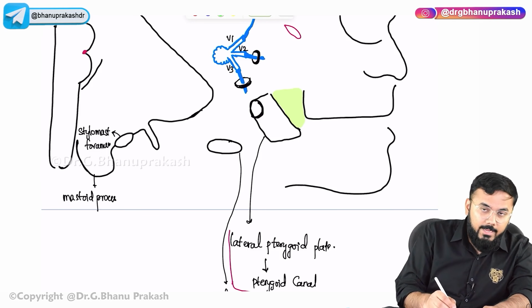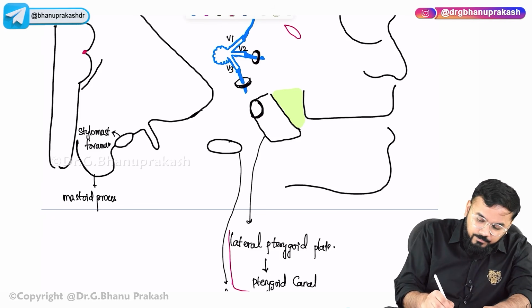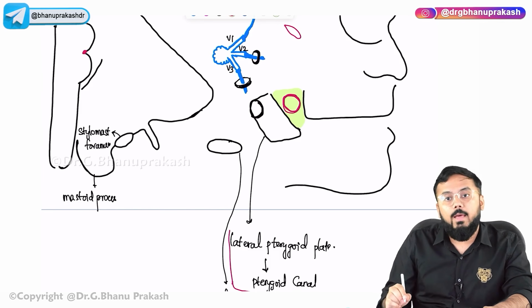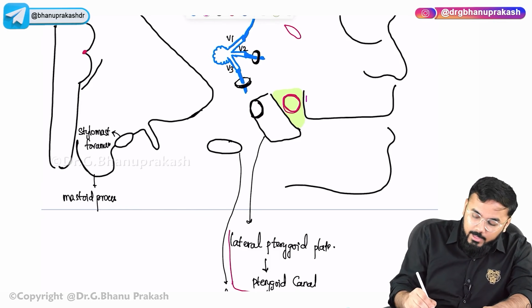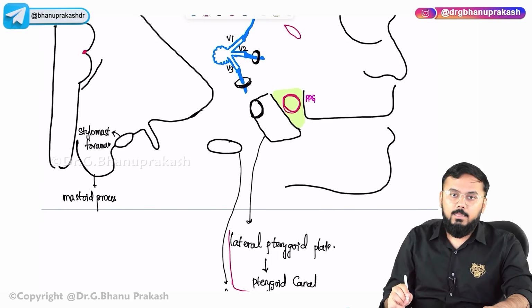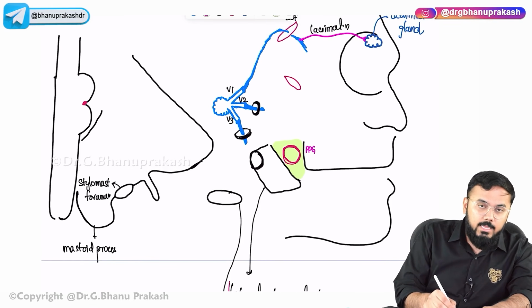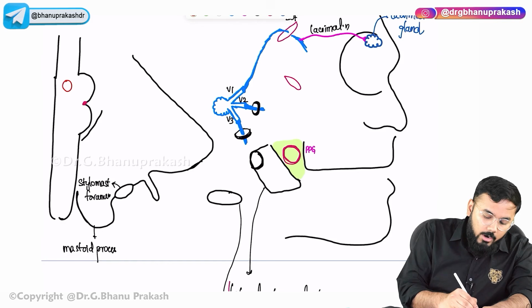Within this pterygopalatine fossa, you have a ganglion like this. This ganglion is called the pterygopalatine ganglion. I am just writing this as PPG. PPG means pterygopalatine ganglion. Right? Now one very important thing is that in the pons region, you have a nucleus.